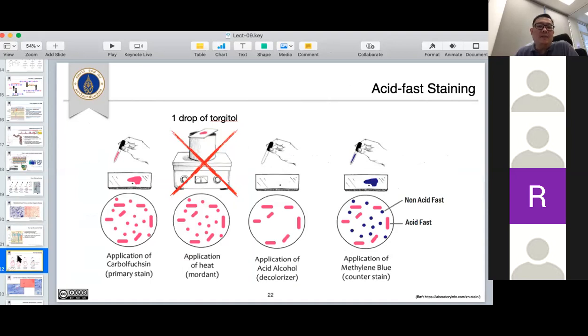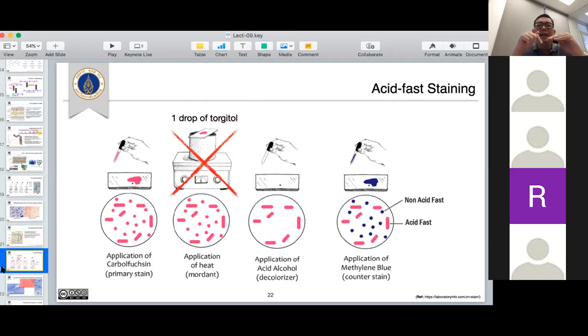When we stain mycobacteria, we use carbolfuchsin. Carbolfuchsin is the red color. Normally, the waxy layer of the acid-fast cell wall does not allow carbolfuchsin to move inside.